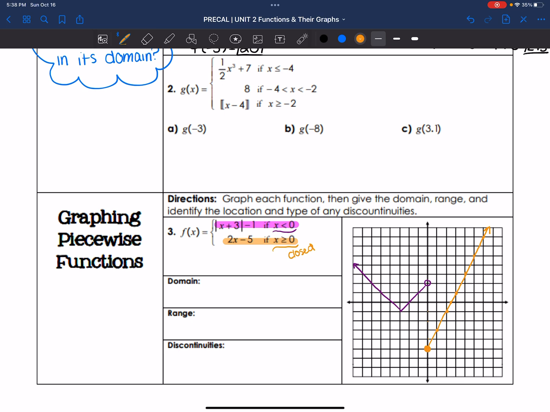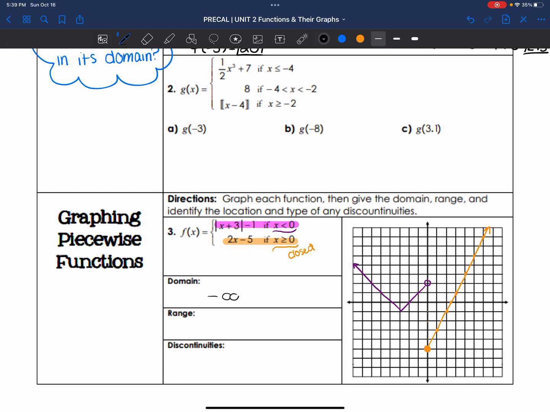Now let's identify what would be the domain, that is our x values. What kind of x values do we have here? Let's read from left to right. Beginning on the left, I'm seeing here that it keeps going forever in the leftward direction, so that means to negative infinity.